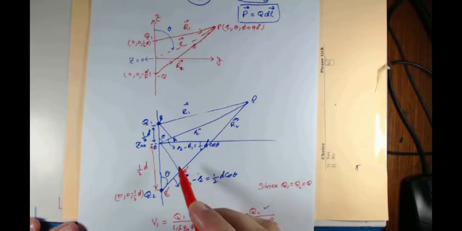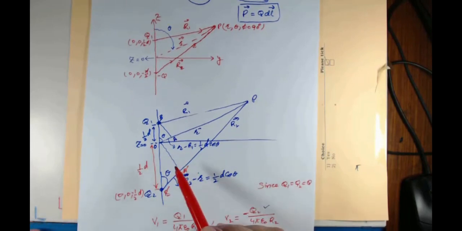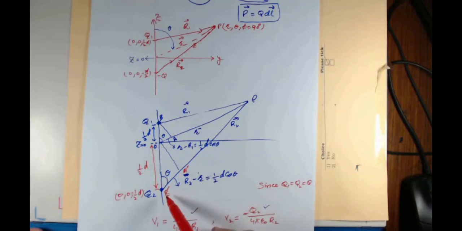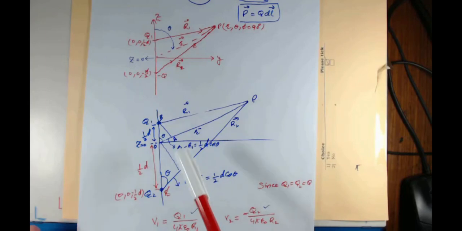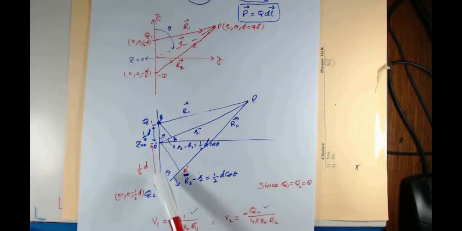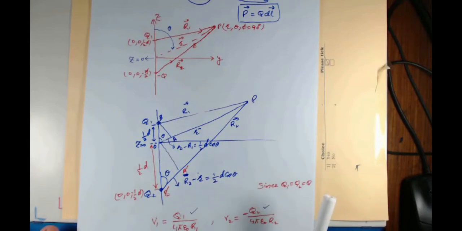Using this triangle OB prime A prime, you can easily define the difference between R2 and small r, which is 1 upon 2 d cosine theta. And remember that the magnitude of the two charges is the same, but they are opposite in sign. That is the main difference.